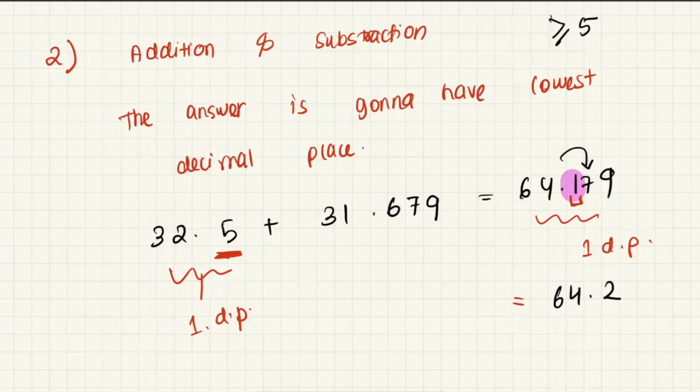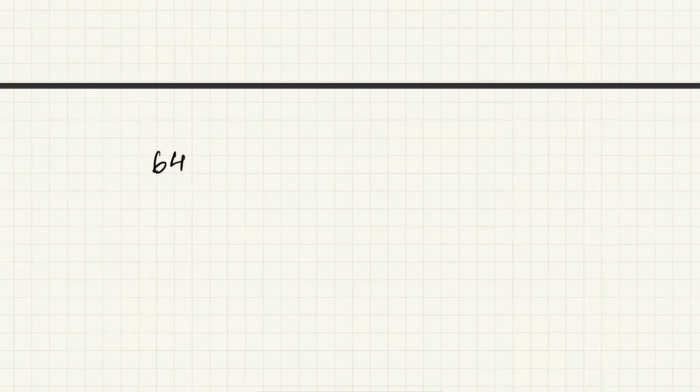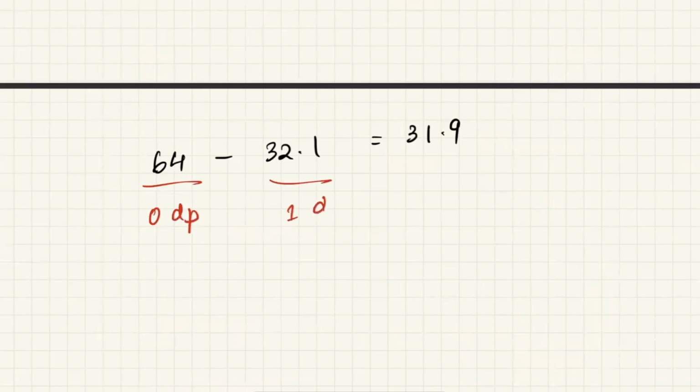Same thing if you have subtraction. Let's say you have 64 minus 32.1, the answer is going to be 31.9. But here, you do not have a decimal place. So 0 decimal places. Here you have 1 decimal place.